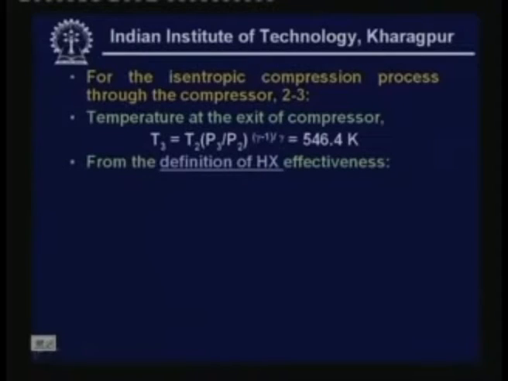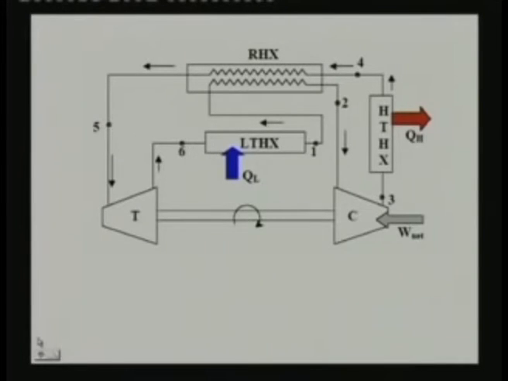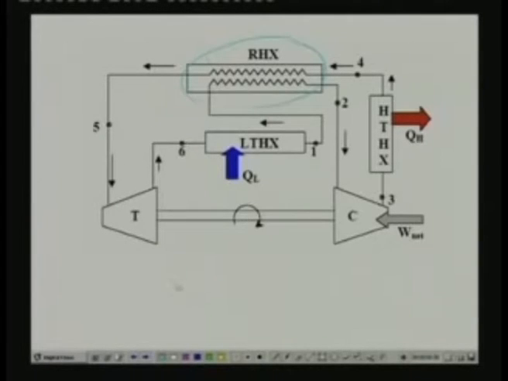Now, we have to find out other temperatures, T4, T5 etc. For this, as I told you, we will be using the definition of heat exchanger effectiveness. How do you define that? Let me explain. Here I am talking about the regenerative heat exchanger. You can define effectiveness as Q actual divided by Q maximum.